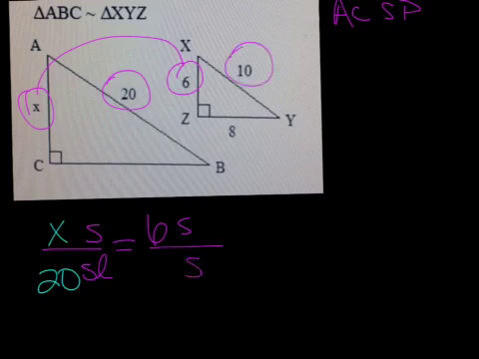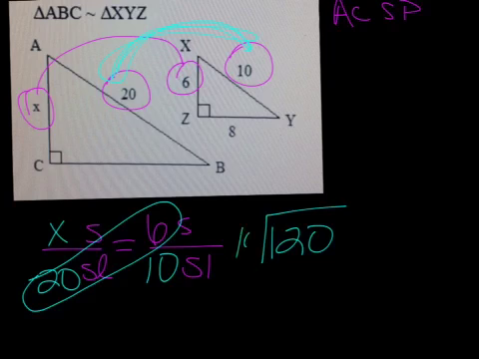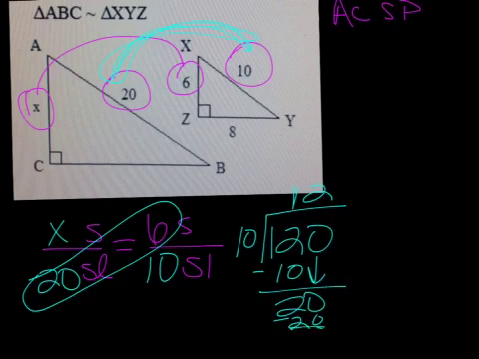That is one of the reasons I always write down a label, if you will, so I know which ones match. So 20 and 10 match, so that means it is 6 over 10. Now, I just have to cross multiply, so 20 times 6 is 120, and I then have to divide by 10. 10 goes into 12 one time with 2 left over, and it goes into 20 2 times, and that makes it even.